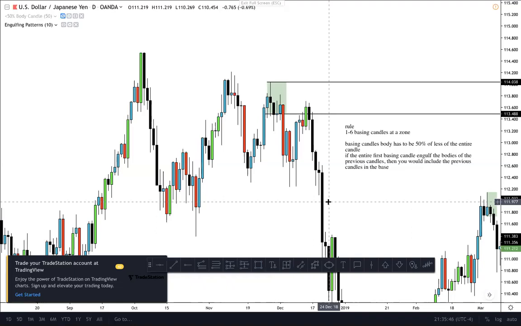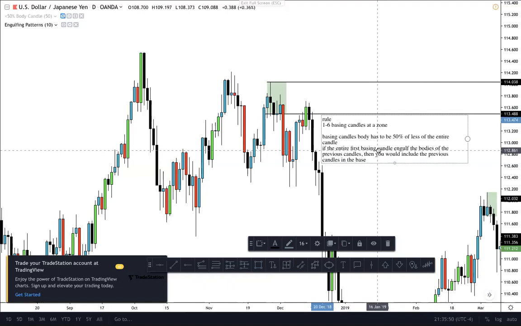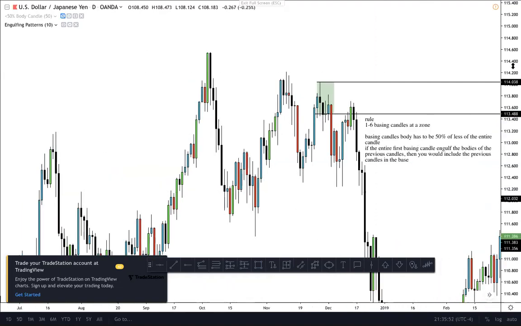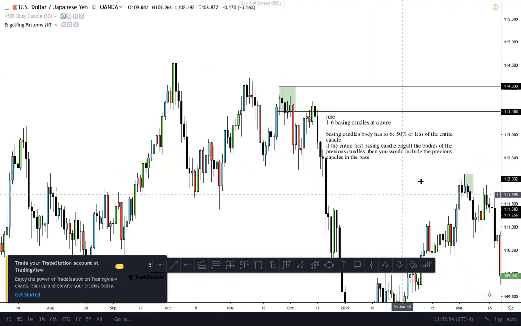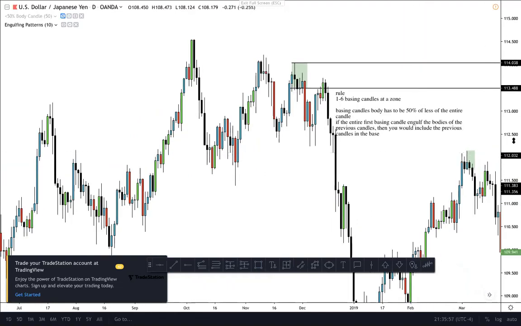All right. So that's some of the rules for the basing candles, right?